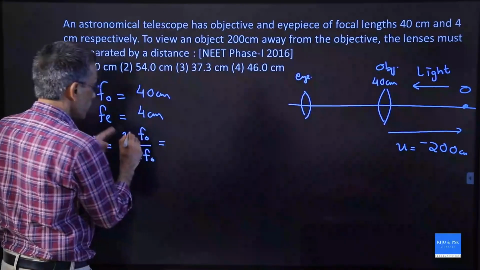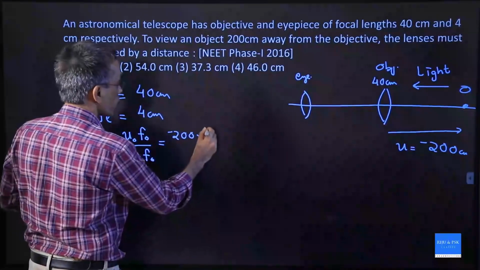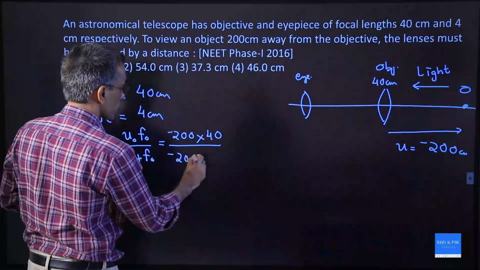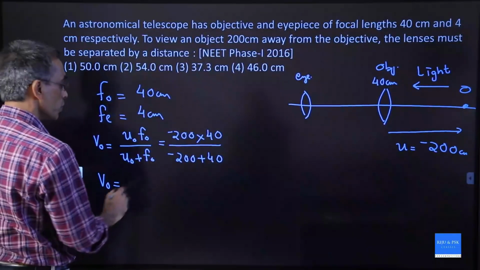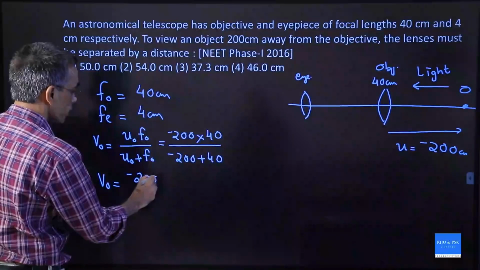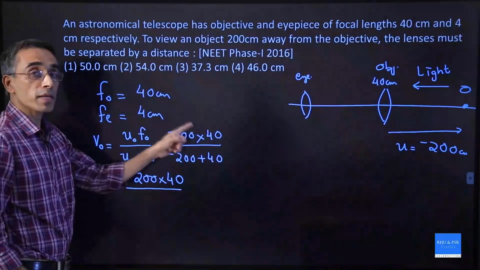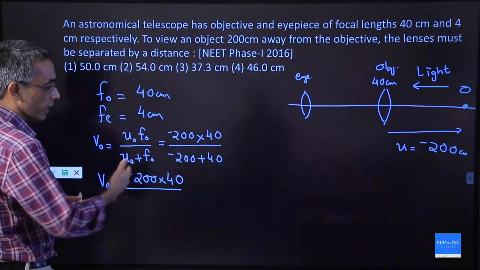Now substituting, u is given as minus 200 into focal length is given plus 40 divided by minus 200 plus 40. So this gives you vO is equal to minus 200 into 40. I normally will not multiply this till I reach the last point, because there is a possibility of getting divided easily.